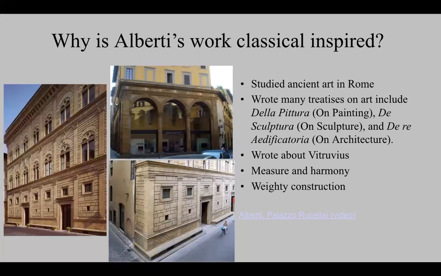We see elements of it at the Pantheon. What's perfect? Isabel or Isabella, what's perfect? Geometry, specifically a circle and a square. So he wrote about that, and this idea of measure and harmony was very characteristic of his work.